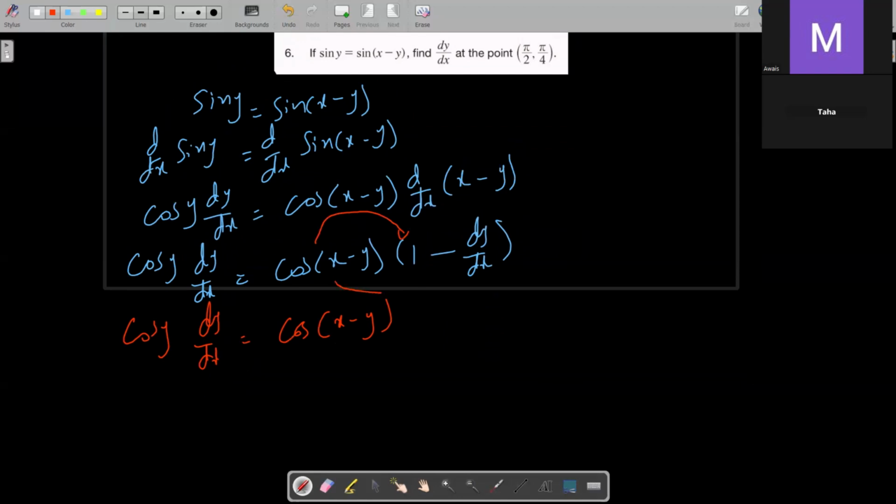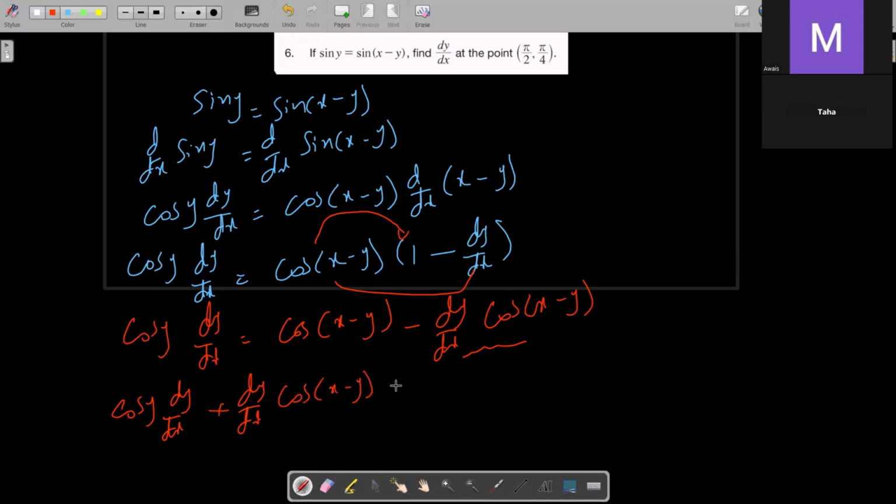And then multiply with dy by dx, you would get negative dy by dx cosine x minus y. And then, because we have to isolate dy by dx, we have to take this one on the left side, or you can just add this thing on both sides. You would get cosine y dy by dx plus dy by dx cosine x minus y equals cosine x minus y.